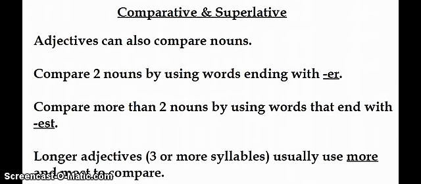So just write this down, and then you'll see some examples. Now, if an adjective is longer, like beautiful or handsome, even though handsome is not 3 syllables, we will say more and most instead of adding er and est. So just write this down. It might seem confusing for a second, and then we're going to see some examples of positive, comparative, and superlative.